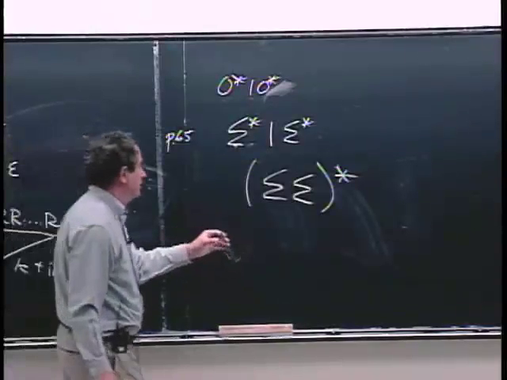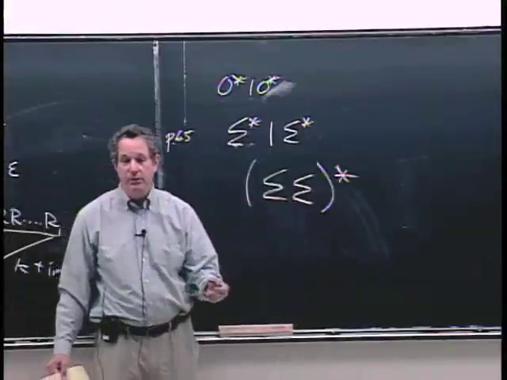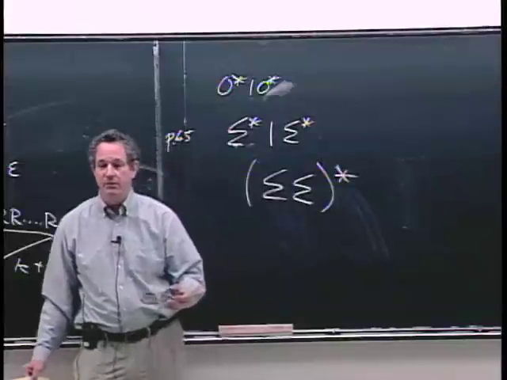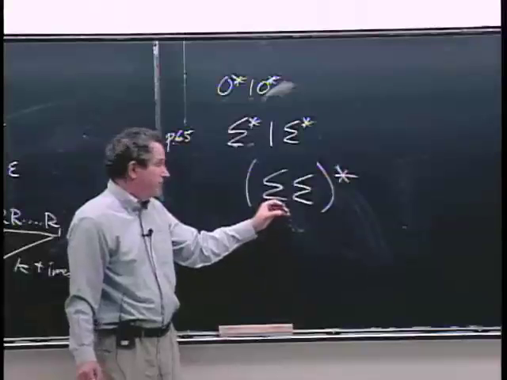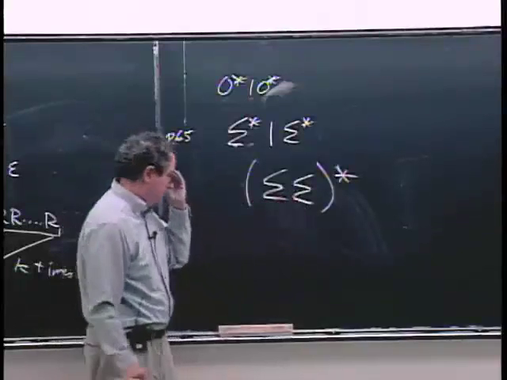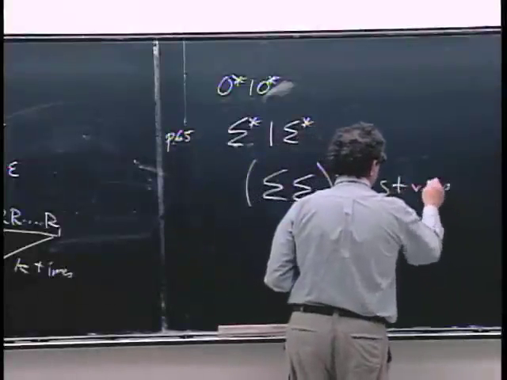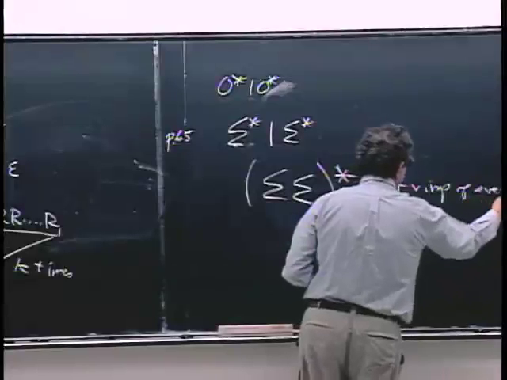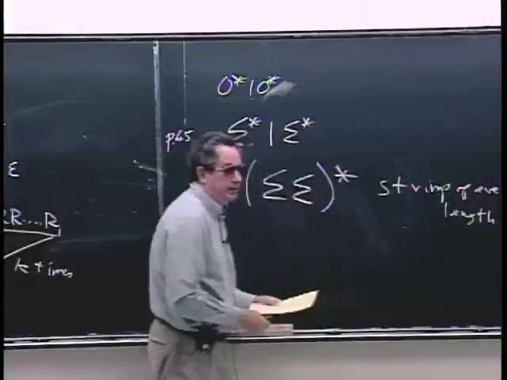This is all the strings that are a multiple of 2 in length. What's another way of saying a multiple of 2? An even number. These are all the strings over the symbols in that alphabet that have even length, including the empty string, which has even length because it has length 0.